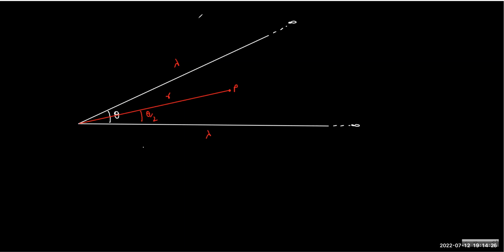Let me help you. What I did, I first drew the perpendicular from P to the wire. This is the one end, right? Because this is the perpendicular, and this is 90 minus theta by 2. Let's keep it alpha as of now.